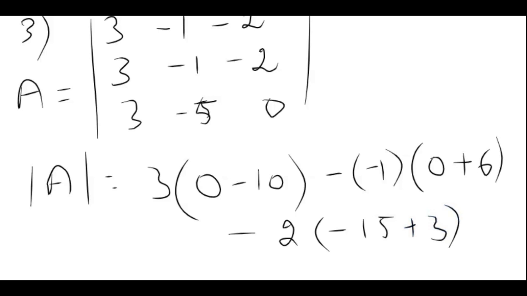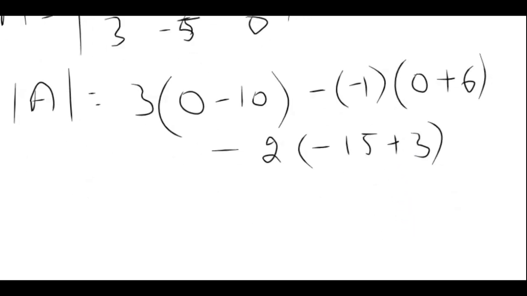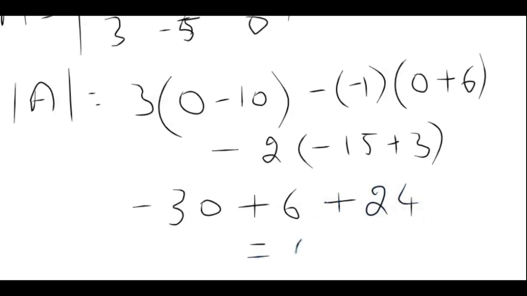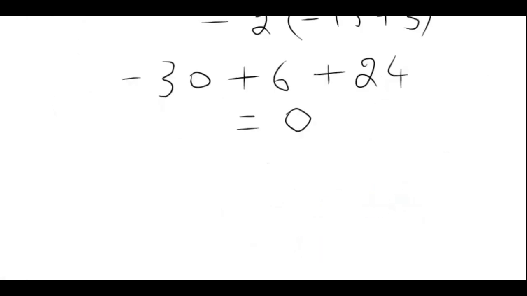So when I expand this, that gives me minus 30 plus 6, minus 12, 12 2s are 24, so that would give you plus 24, which is equal to 0. Hence it is verified.